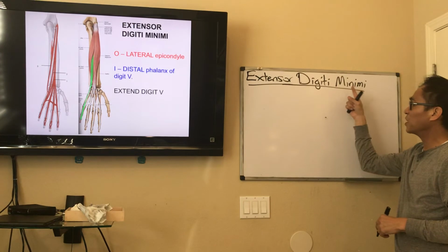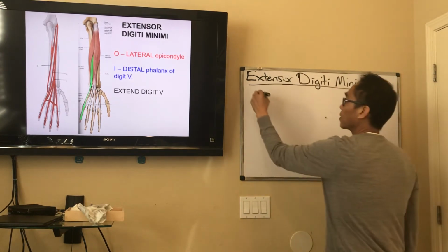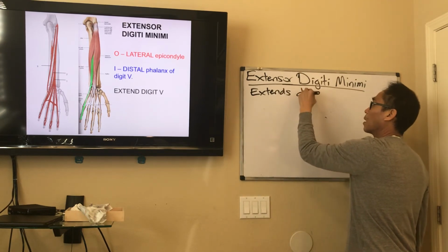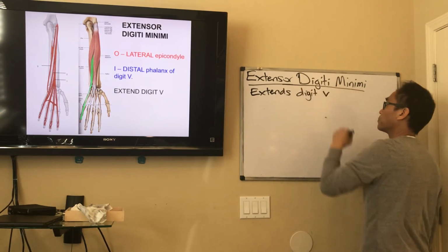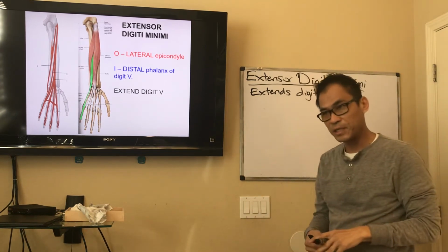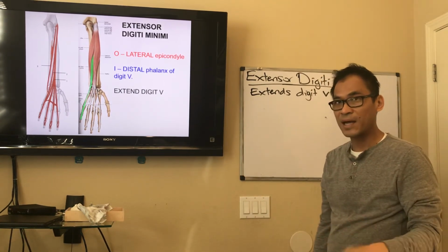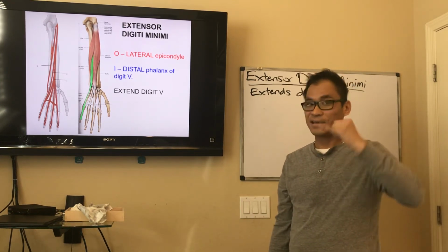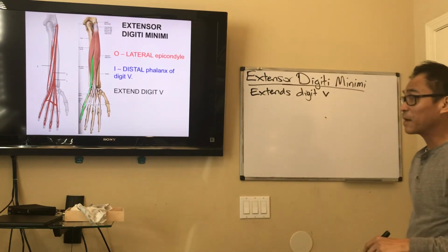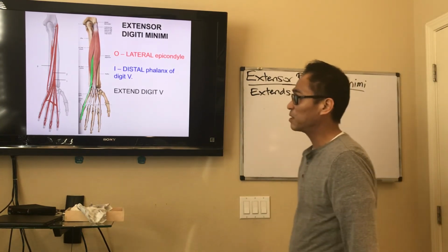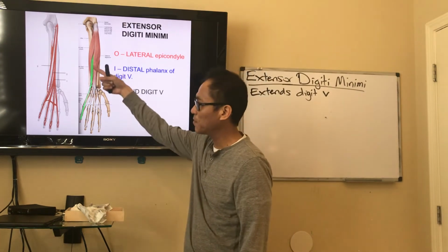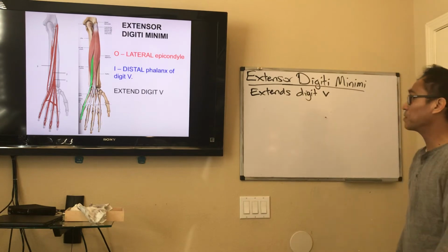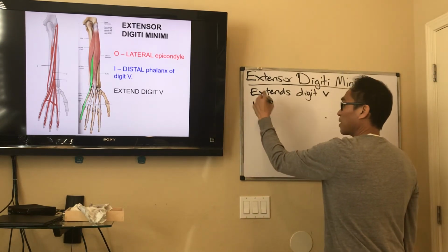Extends the small digit, digit 5. I believe the correct pronunciation is extensor digiti minimi, but I like to say minimi because that character Mini-Me in the Austin Powers movies, he always went like this, you extend the digit. Thought that's kind of funny. Anyways, it's a very slender muscle. It's difficult to see. I have it highlighted in green there. It's going all the way. Inserts into the distal phalanx of digit 5. The origin has been the same.